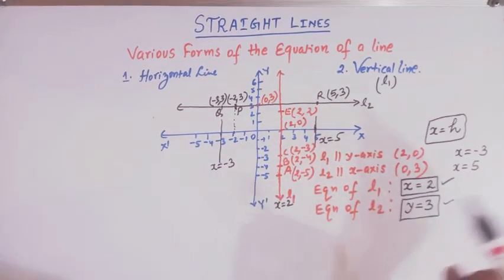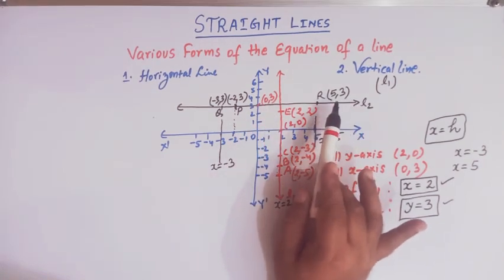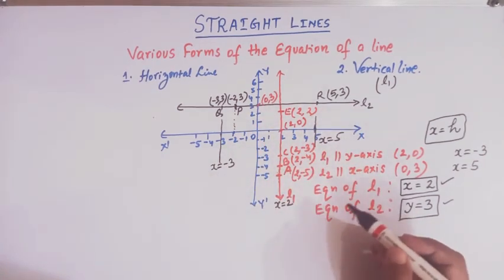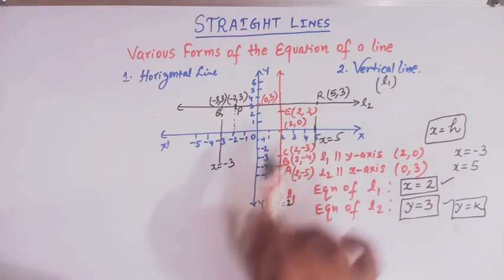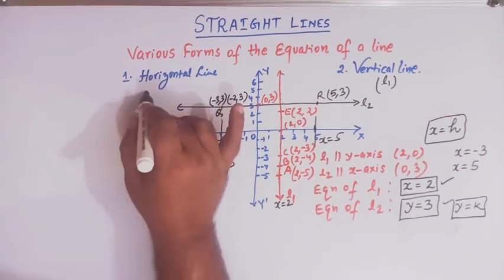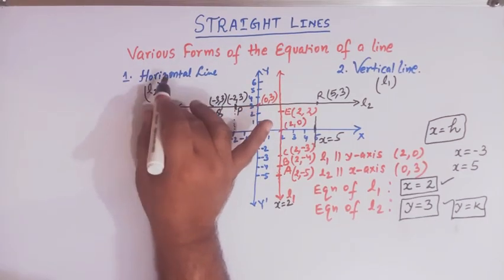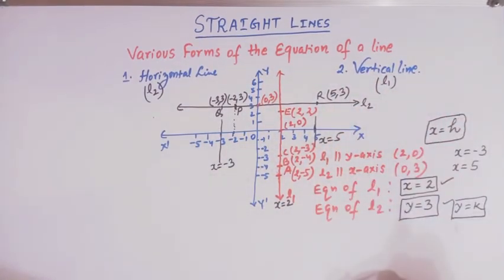And in general, if we take a line L2 which is at a distance of, say, k units, then the equation of the line L2 would be y is equal to k, right? And this line y is equal to 3 is the horizontal line, right? So the L2 line is the horizontal line while L1 is the vertical line, right?